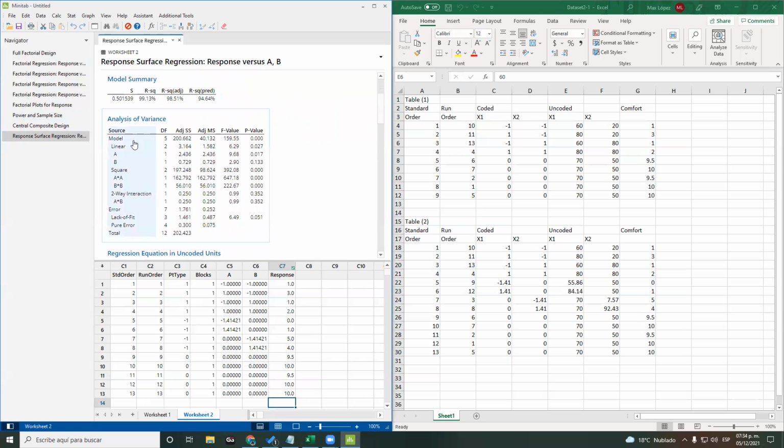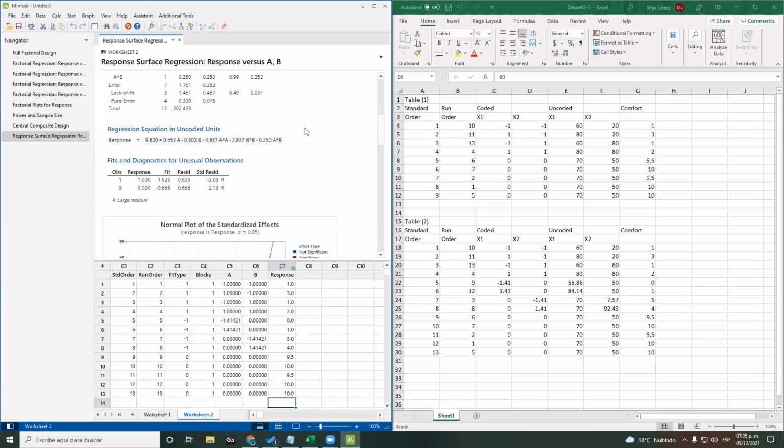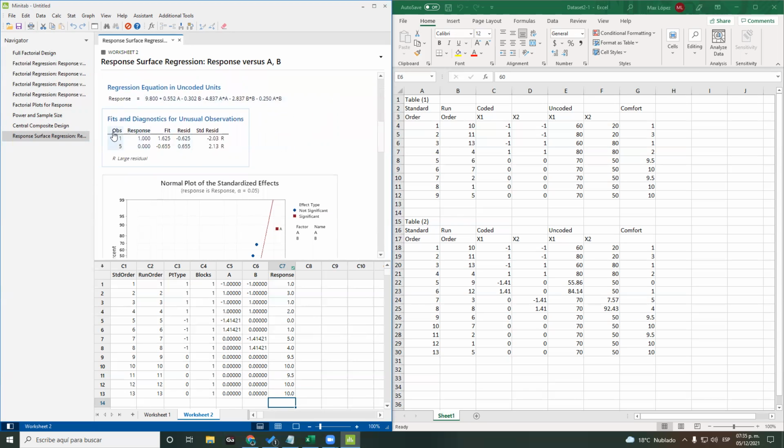So here in our analysis, we can see that as well as in the previous analysis, B and the two-way interaction between A and B are not significant. And I guess, okay, we have two unusual observations.